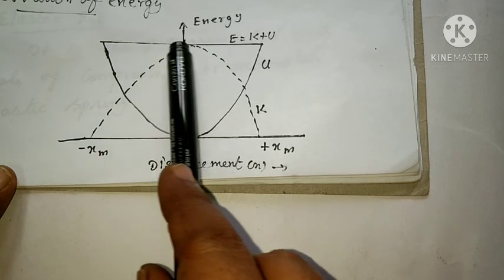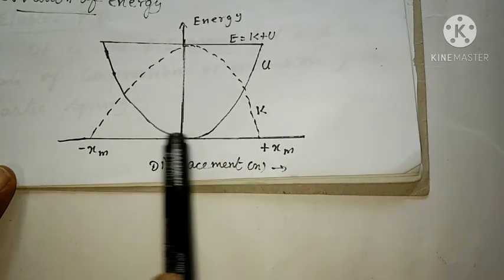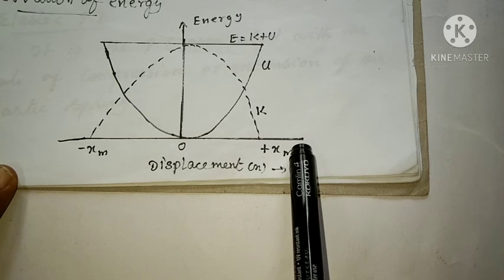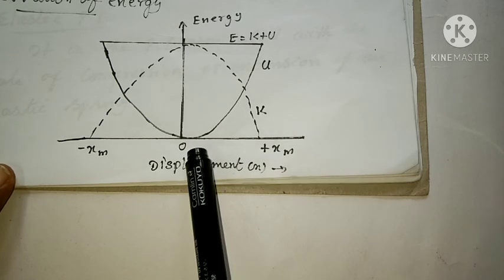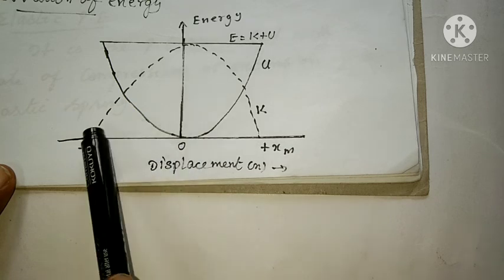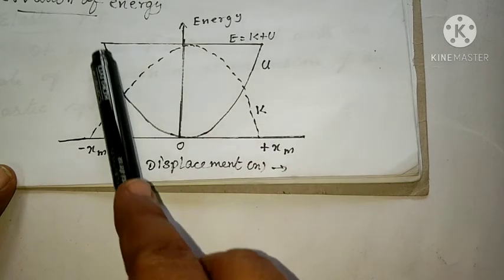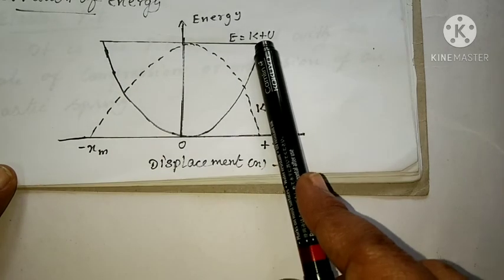Then the total energy is constant. It is represented by a straight line parallel to the displacement axis. This graph is the same as you see in the conservation of mechanical energy. Once again, this dotted line represents the kinetic energy and this line represents the potential energy.